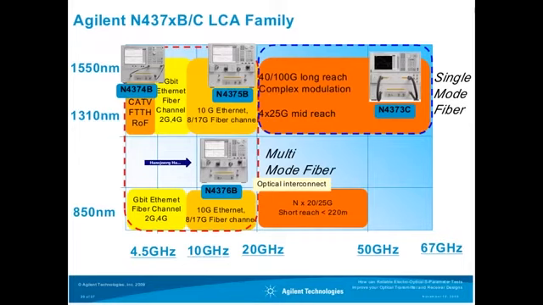For the very high speed class of optical components, there is the high-end Lightwave Component Analyzer based on the 67 gigahertz network analyzer, and shortly we'll be releasing a version which is based on the new 50 gigahertz PNA-X network analyzer. So you can also in future address balanced devices in the 50 gigahertz class.